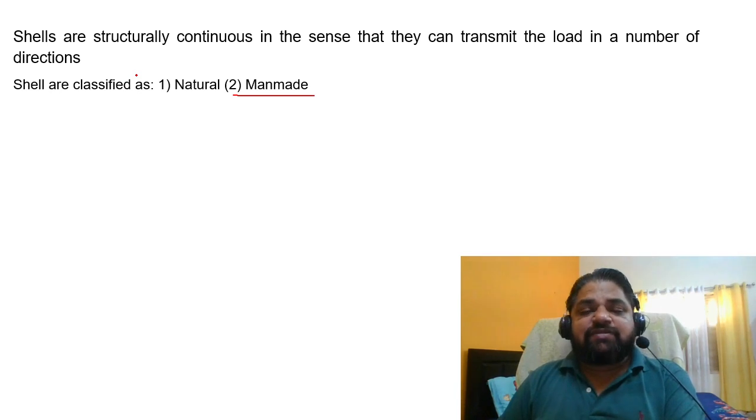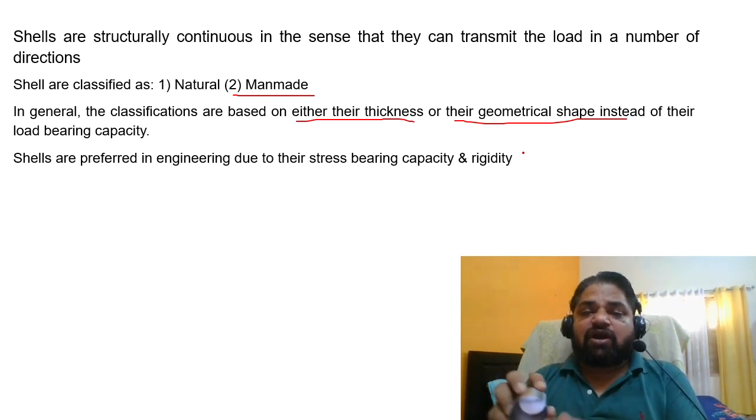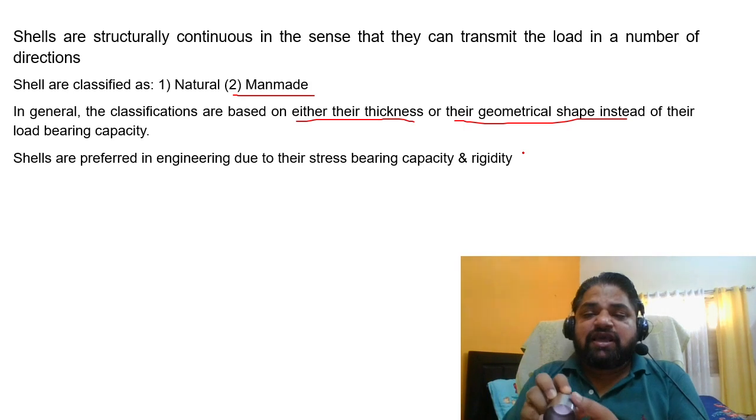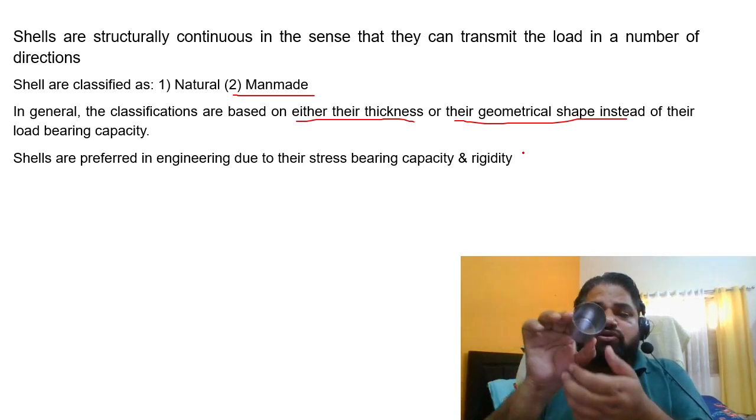Also the shells can be classified in a few other forms. And what are they? Generally, the classifications are based on either their thickness or their geometrical shape. Just now I talked about the thickness.